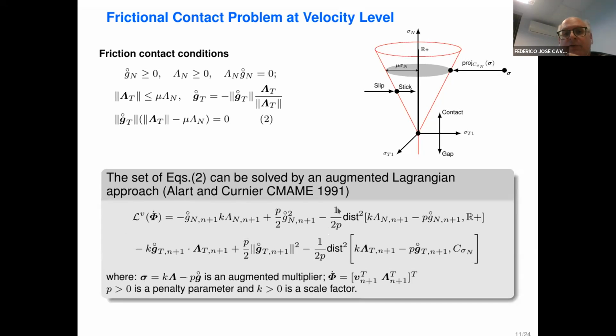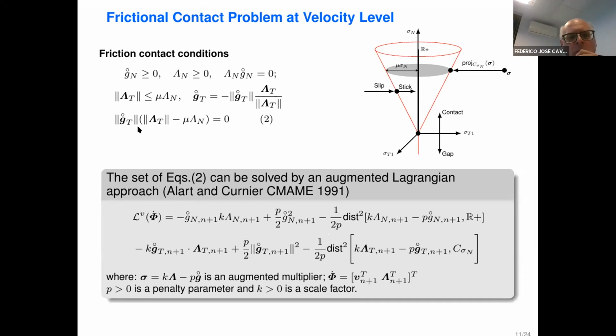Similarly, the frictional contact problem at velocity level is given by this set of equations. Here, lambda capital N represents the normal impulse, and in the tangential direction.